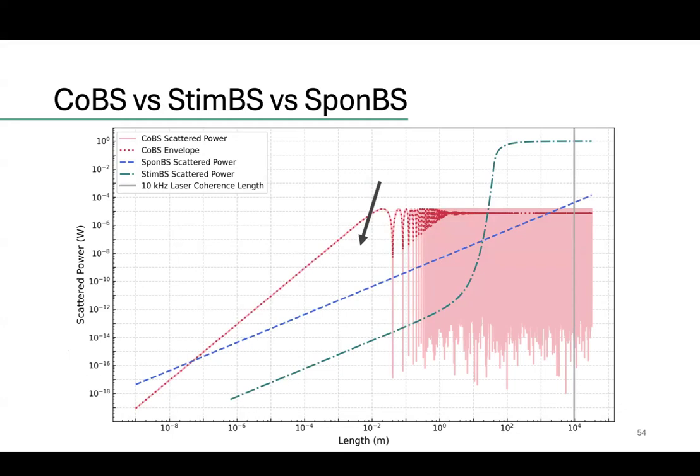The pink line representing the Brillouin spectrometer that we've developed, this CSBS process, dominates and wins majorly by orders of magnitude over the next best method across a range of different lengths here.